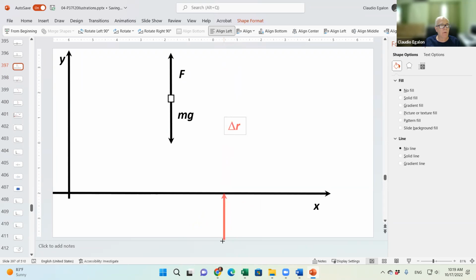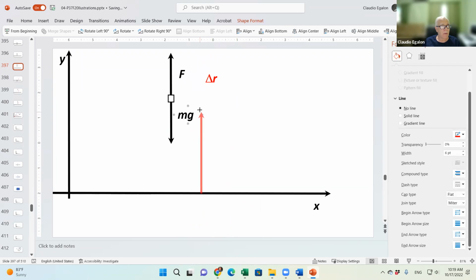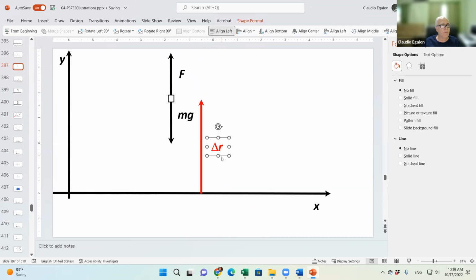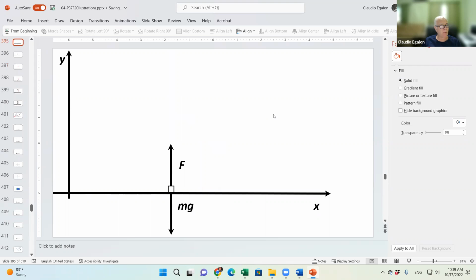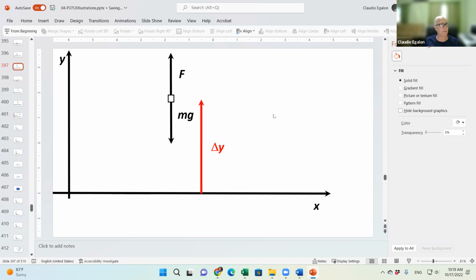That's the vector displacement. Notice that this object moved from the ground. I'm going to call it delta y to remain consistent with the y-axis, okay? Notice that the object moved from one position to another: the ground, y equal to 0, and then a height delta y.